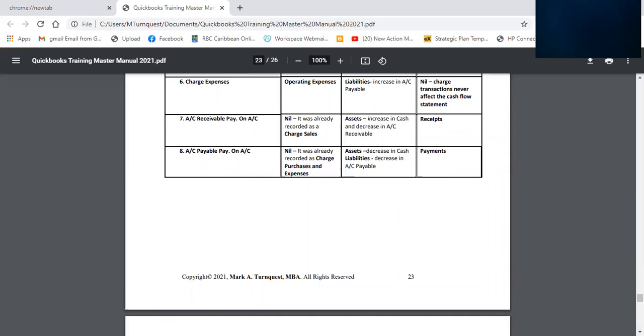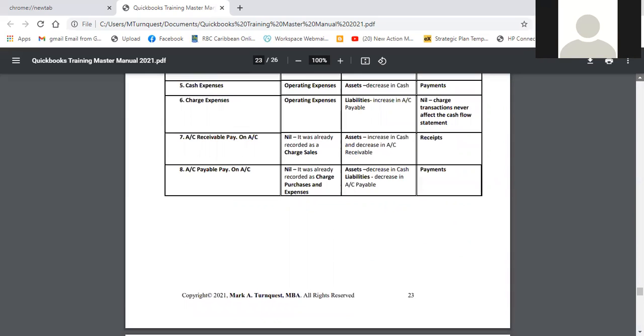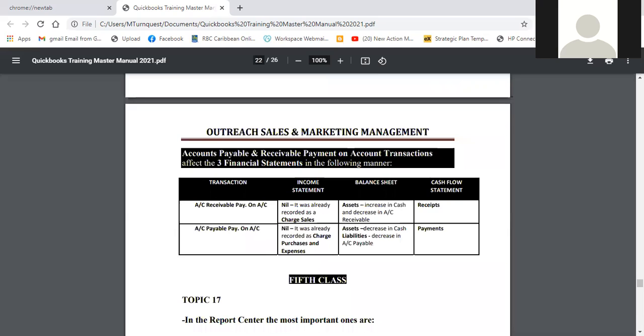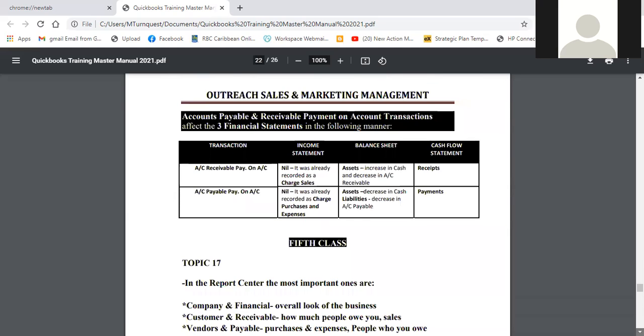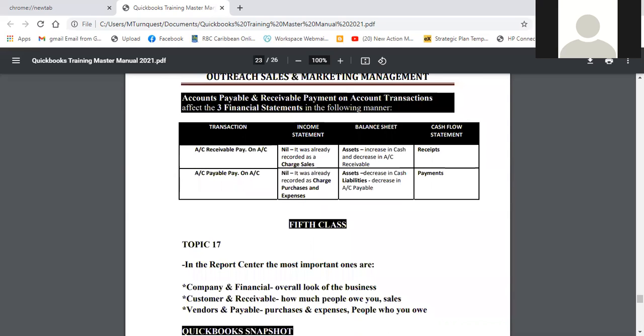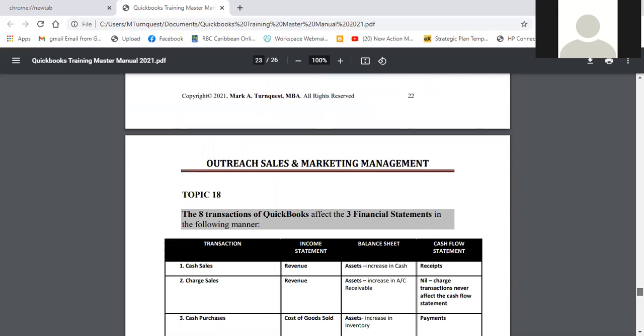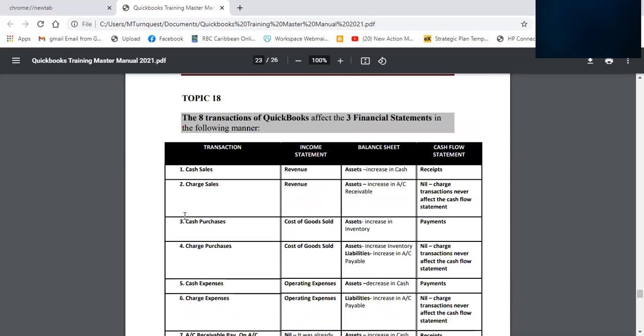So this is how QuickBooks updates everything. It references the income statement, the balance sheet, the cash flow statement. Right here. So topic 18, I want you to do the same thing also.